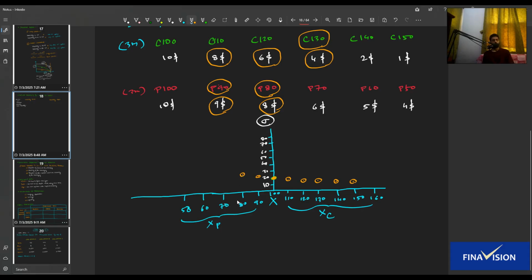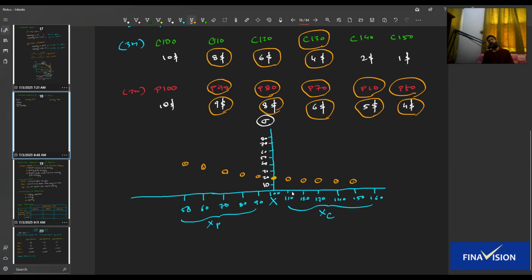Now the 70 strike put with $6 premium, let's say they're assuming a volatility of 30%, so this will come somewhere here. Like this, the 60 strike put and the 50 strike put are assuming, let's say, 35% and 40% volatilities. So the points will be somewhere here, and for the 50 strike it will be somewhere here.